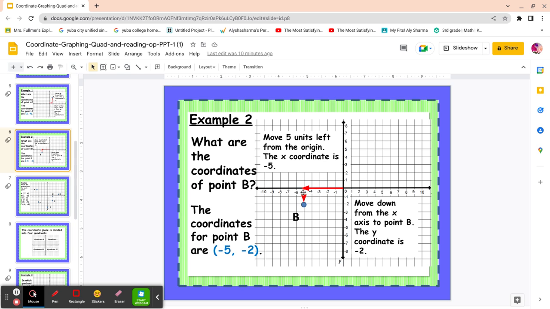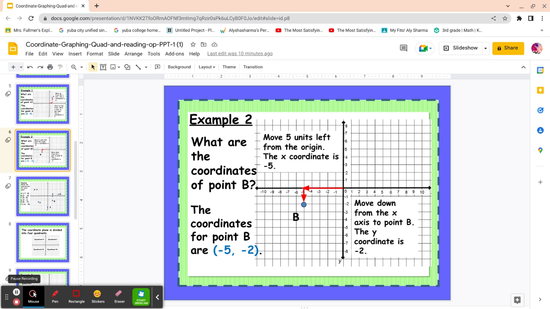This is -5 right here. If it goes down, the -2 would meet at this point. They would both meet at the same point. And it says move down from the x-axis to point B. The y-coordinate is -2. Move 5 units left from the origin. The x-coordinate is -5. That was the second example.